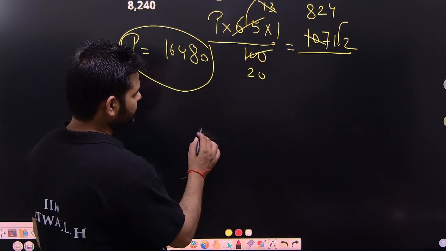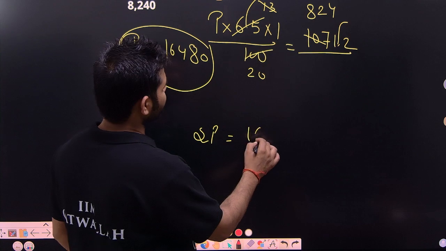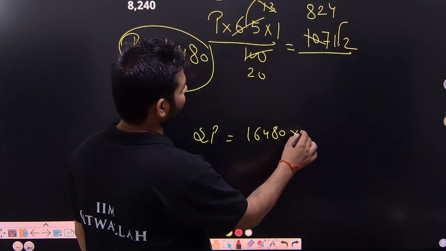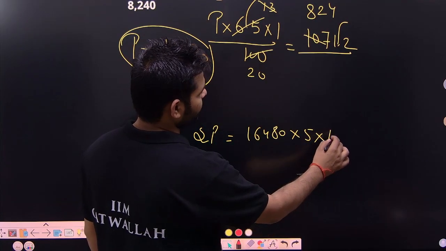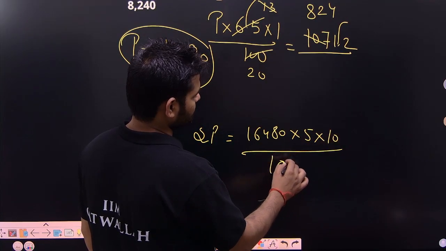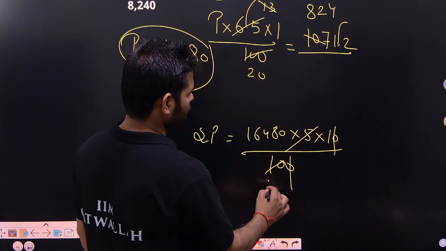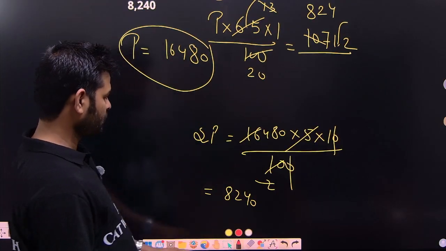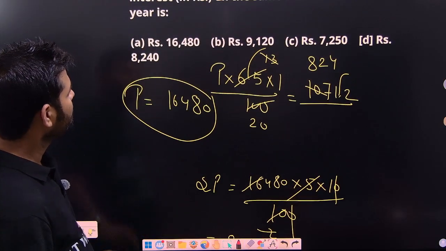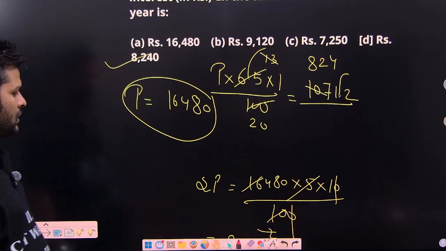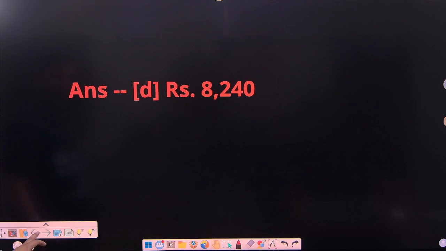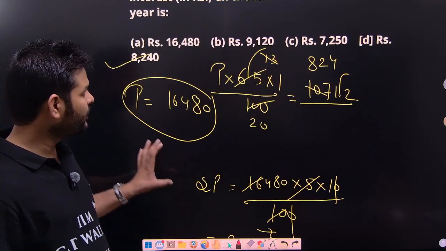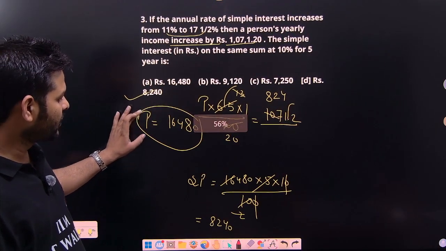So the simple interest on that principal for 5 years at 10% is 8240. Correct. So basically the same concept we have plugged in over here.